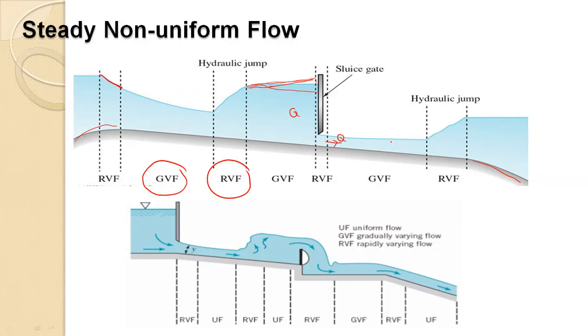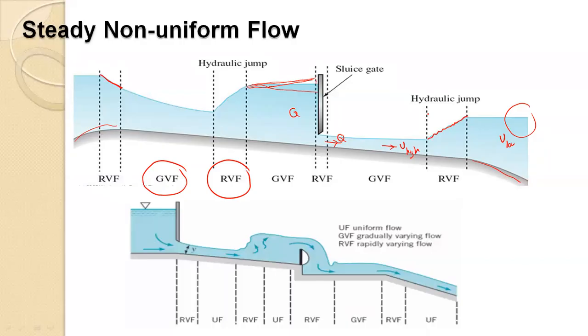And then we will study later that if you have another ponding effect in the downstream, the flow can go at a very high velocity and then lead to a very low one, and you can have another rapidly varied flow in between.